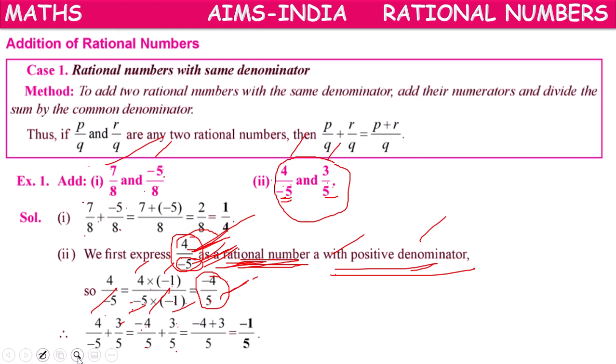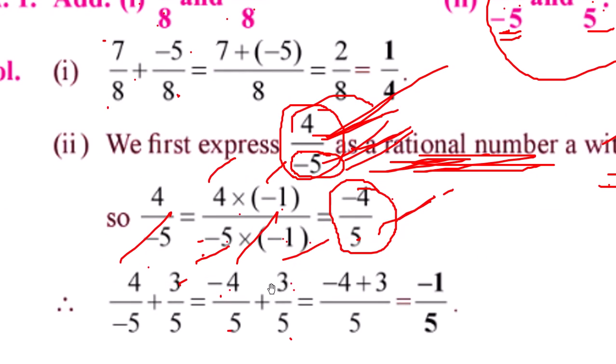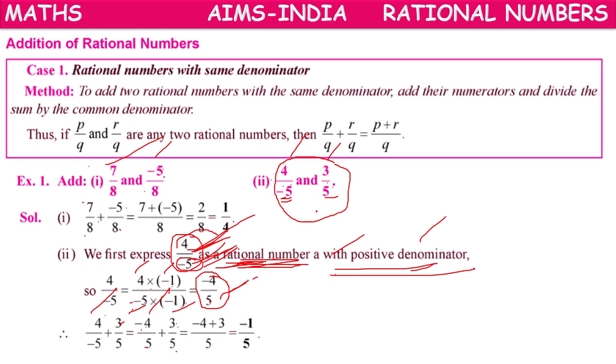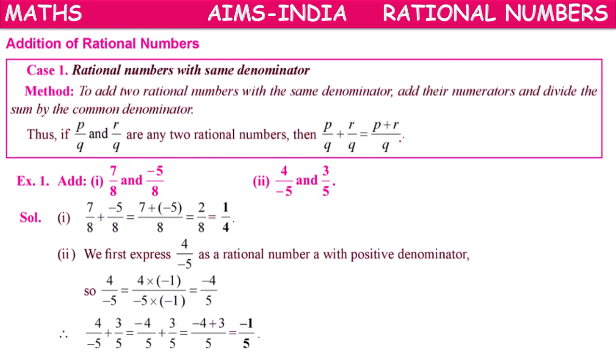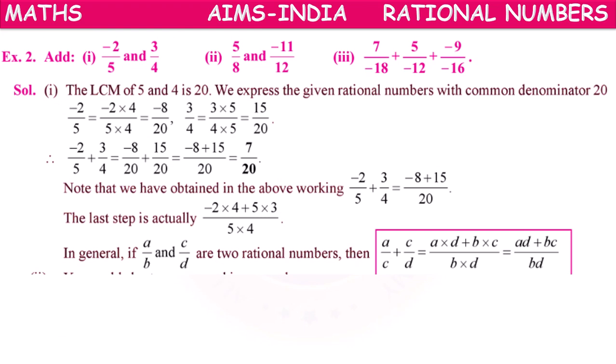Numerators add: minus 4 plus 3 by the common denominator 5. Minus 4 plus 3, how much, children? Minus 1 by 5. Okay. So in this way, we can add rational numbers with the same denominator.